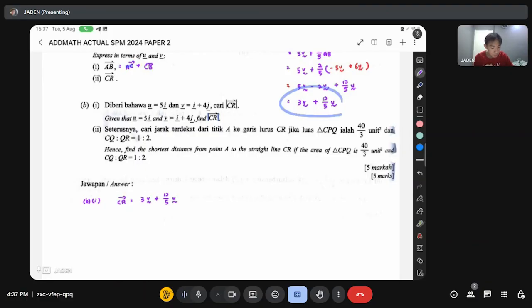And they also give us the U and V vectors, so we want to replace that V and U here. 3 times 5i plus 12 over 5 times i plus 4j.